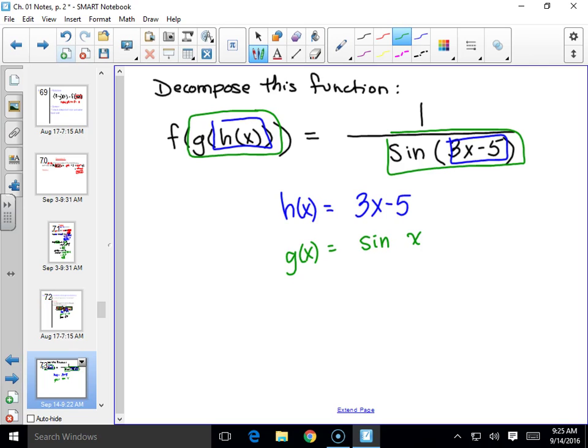Sine has to have an argument. You could put parentheses if you want, or leave it without parentheses. So why does she need an x? Because the only way to plug in is if there's an x to plug in. Substitution is going to replace. Oh, that makes sense. It's going to replace.